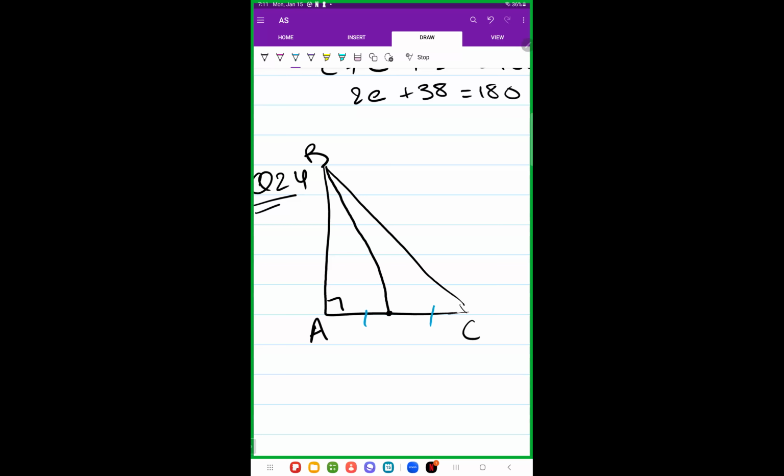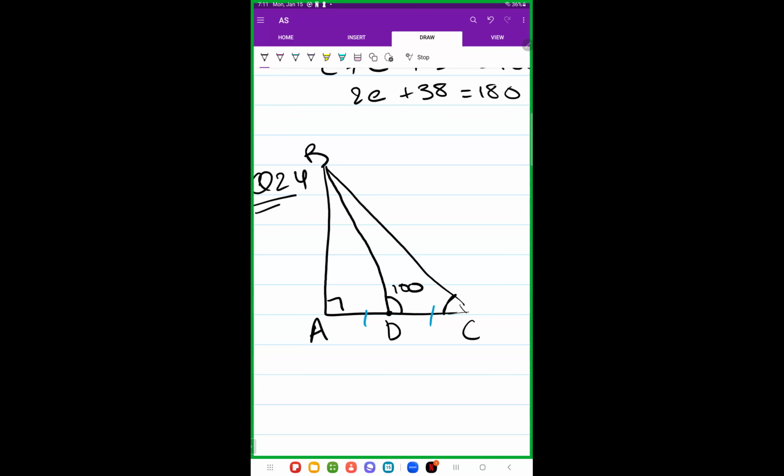Every time they use the word bisect, it means they cut it into equal halves. If BDC is 100, so this is my D, they're talking about this angle being 100. Calculate C. You have to calculate this one. Can you try and calculate it now?